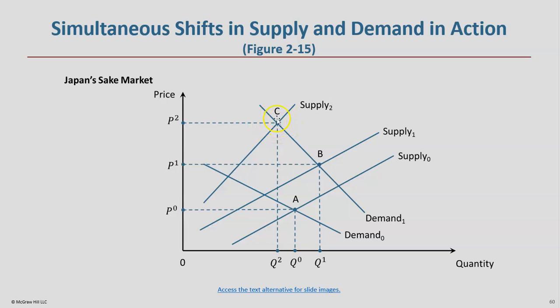That's point C. So at point C, the price increase is even larger, P0 to P2, and the equilibrium quantity falls to Q2. So without some additional information, maybe about the numbers behind these demand and supply curves, we don't know what's going to happen to equilibrium quantity.